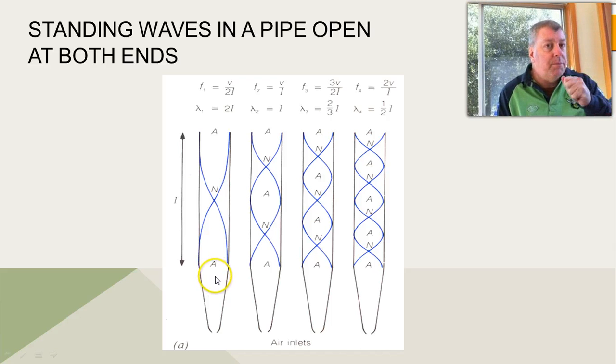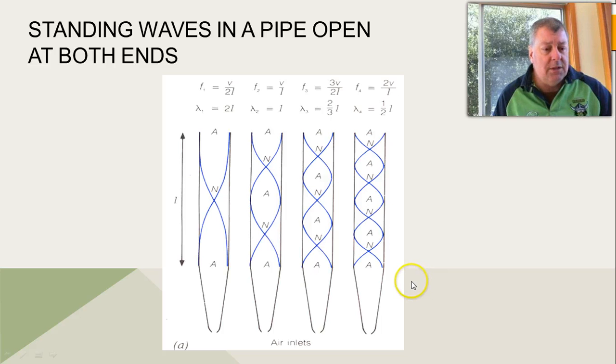Have you ever blown onto the top of a bottle and got a resonance, like a loud note? They're all examples of standing waves in pipes, and some are open at both ends and some are closed at one end.